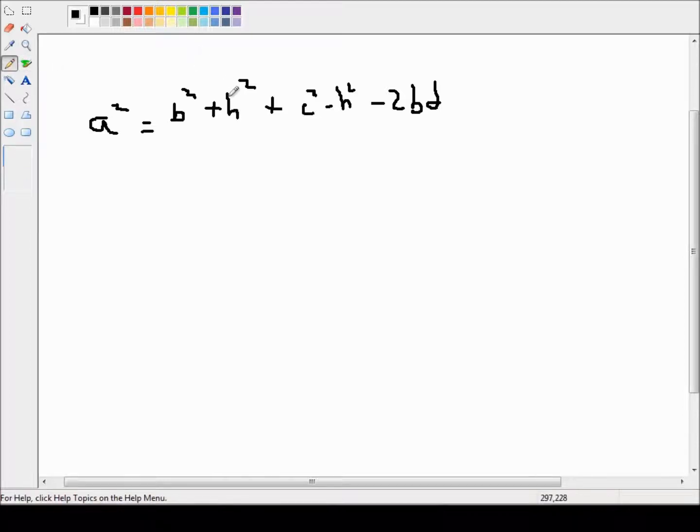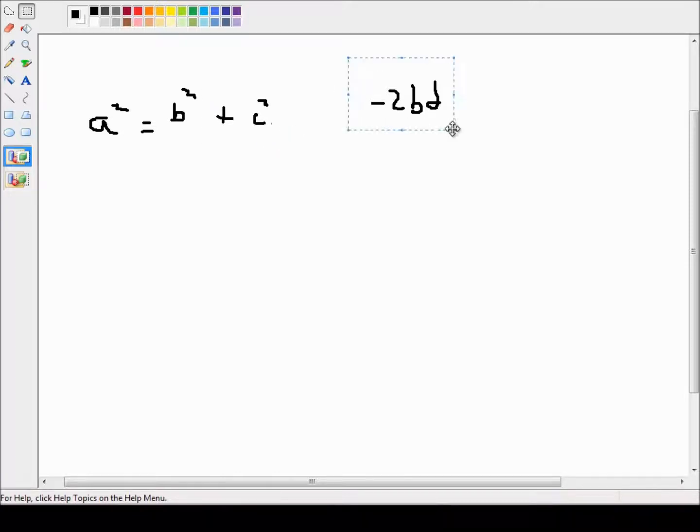Now what we said was that we've got plus h squared here and minus h squared here. Well, if I give you 10 apples, then I take those 10 apples back again, you're left with whatever you had to begin with. So adding something and then subtracting the same thing, they just cancel each other out. So these guys go. So bye bye. And bye bye. So this horrible mess just became considerably easier.